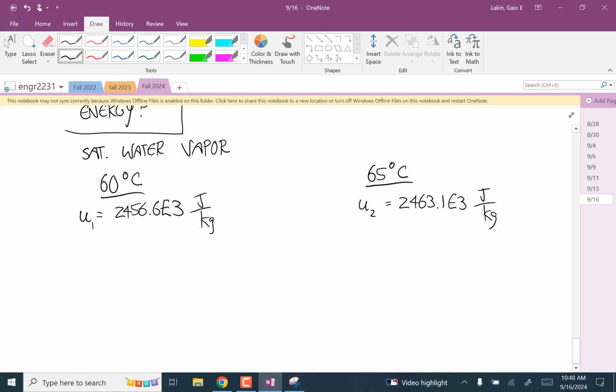And so the U that we want, you can think of this as our F1. This is our F2. This is our X1. This is our X2. And the X we want is 63 degrees Celsius.